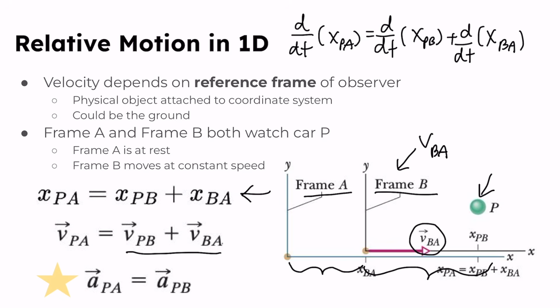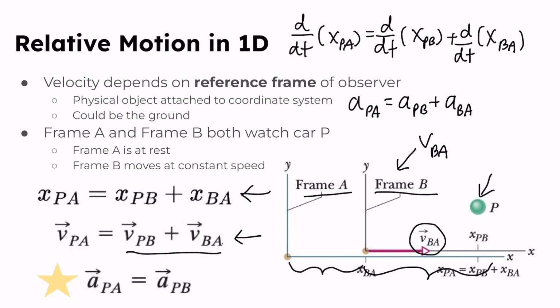And we find the acceleration of particle P again just by taking the time derivative of our velocity equation. If we take the derivative of the velocity, we get that aPA equals aPB plus aBA.